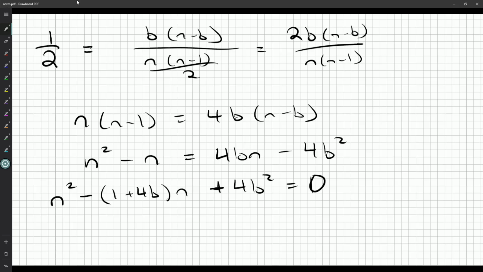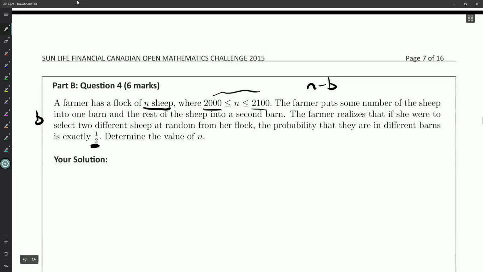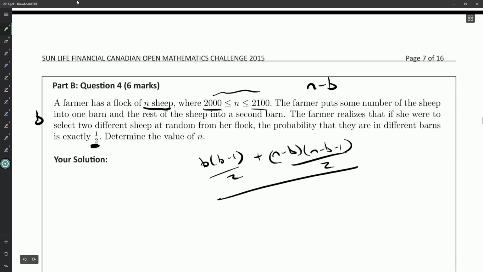I'm also wondering, no, we should get the same. I was just thinking for a moment, well, the probability that the sheep come from the same barn would be this, and that probability should also be 1/2, but I suspect we'll get the same quadratic if we do that.